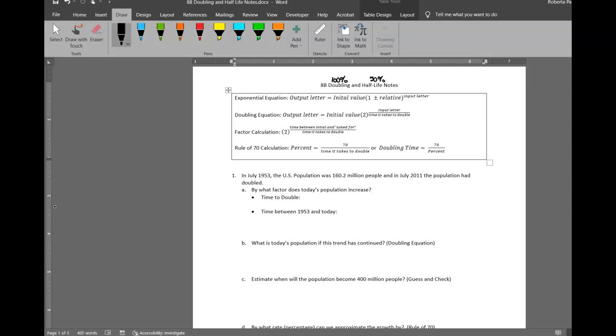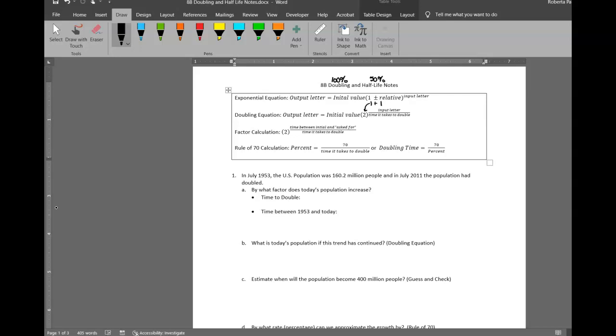So in an exponential equation, if we had the doubling as 100%, we would have 1 plus 1, because 100% written as a decimal is 1, which just simplifies down to this 2.